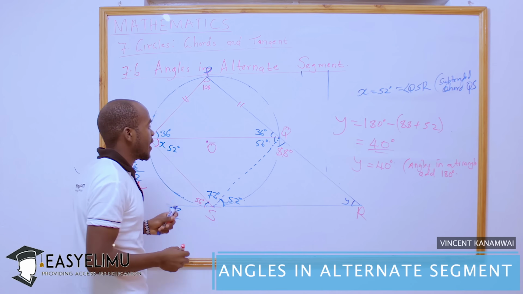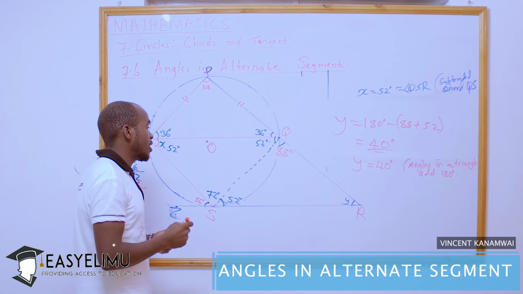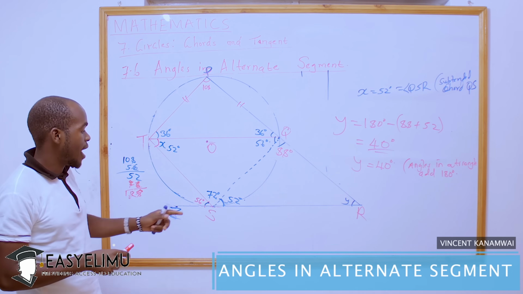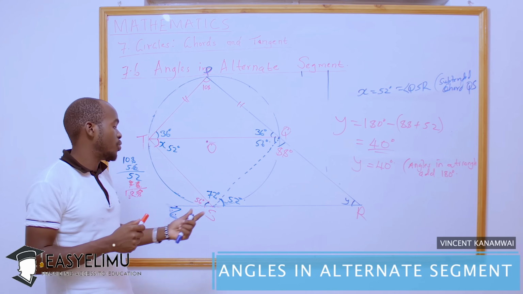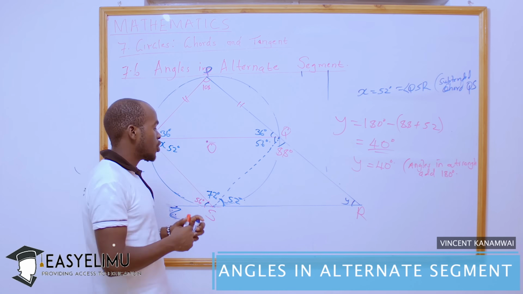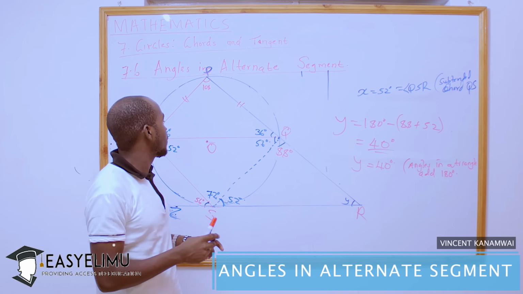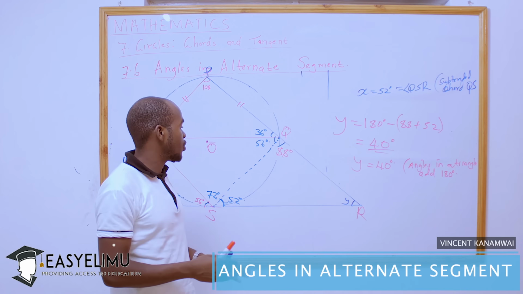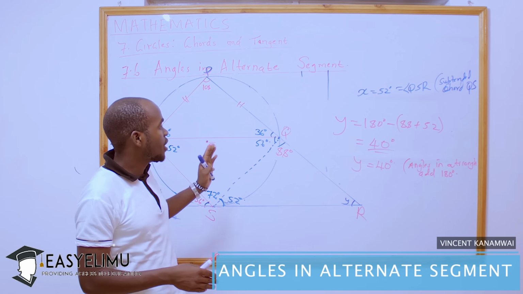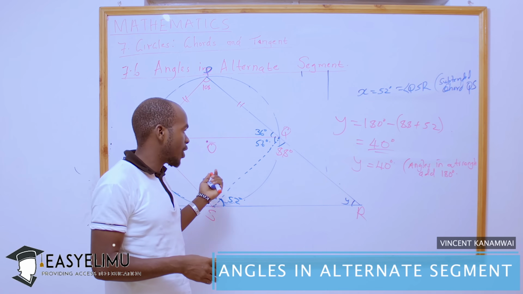But the other one, we say it is subtended by the same chord as the other one, which is QS, and the angle subtended by that chord in the alternate segment we saw as 52. So that is how you can calculate given angles in a circle or a given triangle, using the rules we have been learning and have already learned.